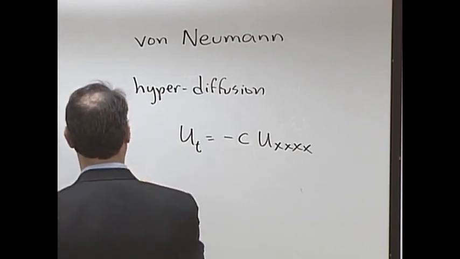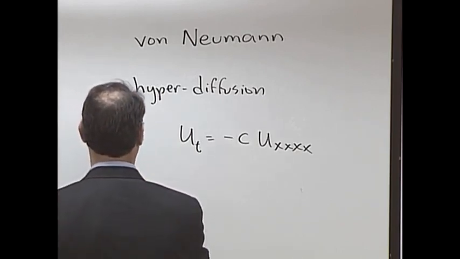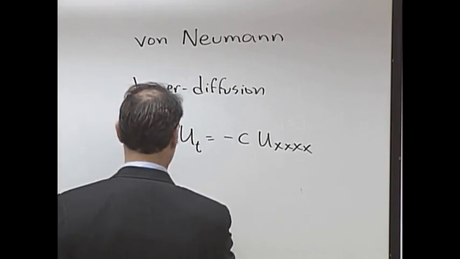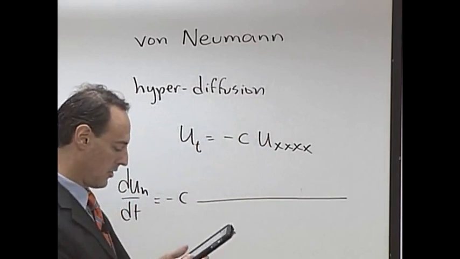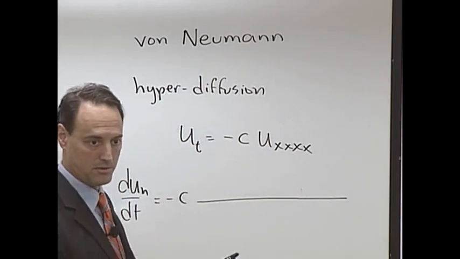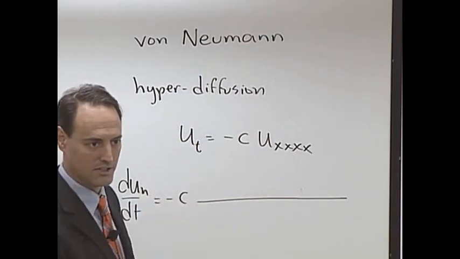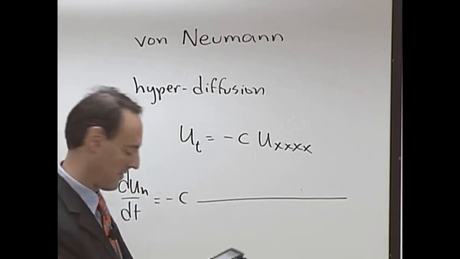So you can say, okay, du_n/dt is equal to minus c times the fourth derivative. I gave this to you in one of your tables earlier on. I think I do. I'm pretty sure I give you up to 4 derivatives.